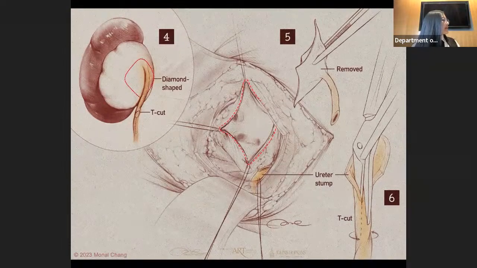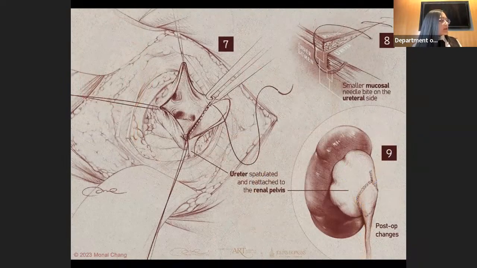A diamond-shaped cut is made on the renal pelvis, marked in red, and a T-cut on the ureter side, which includes an oblique transverse and a longitudinal cut. The ureter was then spatulated and reattached to the renal pelvis as shown in Figure 7.